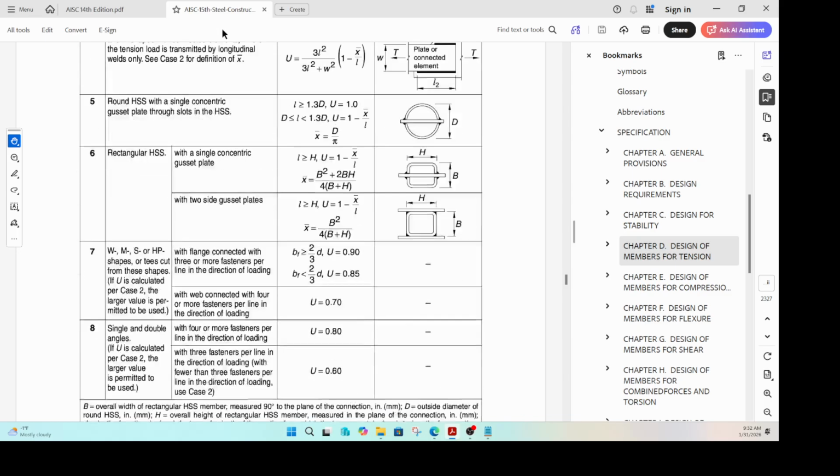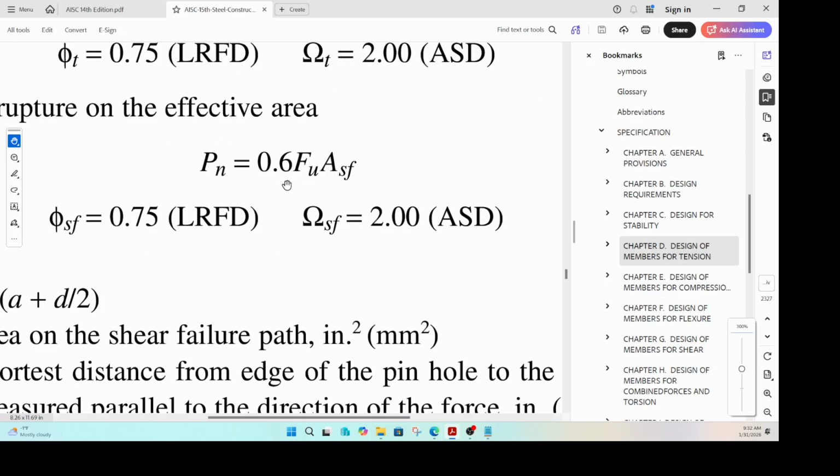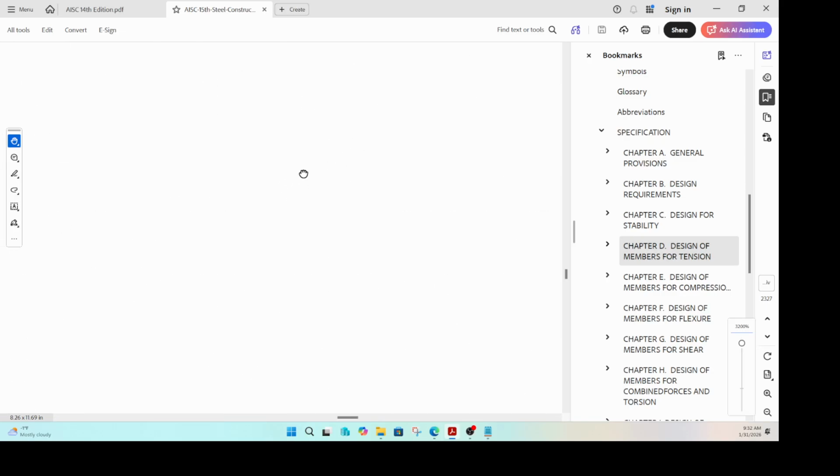Let's go to this page here. Okay, so pin connected.